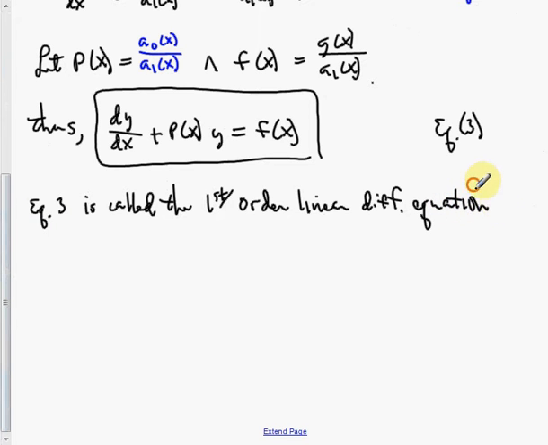Now, up until this point, we haven't done anything but just rewrite and say what this is. I want to solve equation number 3. So we solve equation number 3 by determining an appropriate integrating factor.